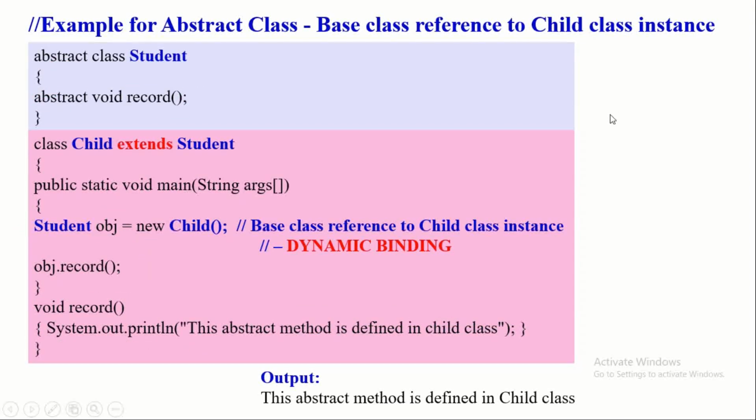The concept of creating a reference to the base class, assigning the object of the child class, and calling the method with that reference is known as dynamic binding. Whenever the reference of the base class is used for calling any method, the method definition included inside the child class will be executed, because the reference to the base class is assigned the child class object. So the reference to the base class is used for achieving dynamic binding, which is also known as runtime polymorphism.